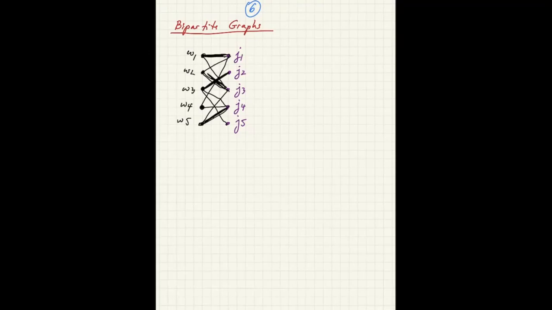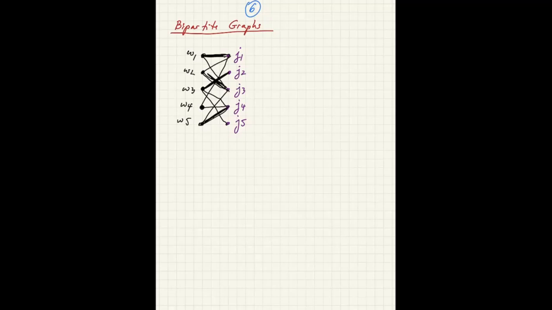We'll see later in this course how this problem can be solved using what is called Hall's marriage theorem. We'll give a necessary and sufficient condition for the existence of such an assignment. This is called a matching, and in this situation, a perfect matching.